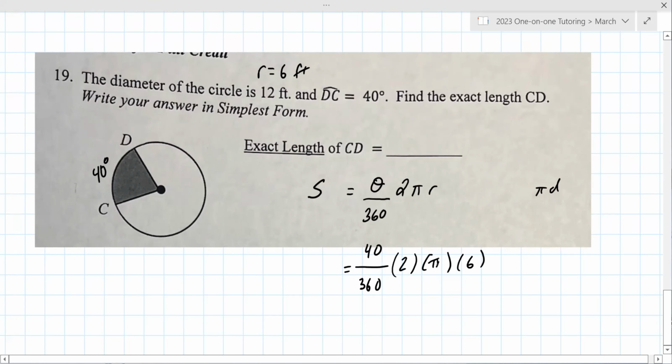Now, if you're going to go to your calculator, leave the pi out. Just put the pi off to the side and go 40 over 360 times 2 times 6.